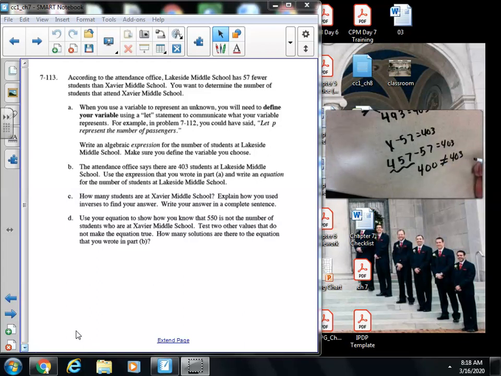Therefore, again, this is an incorrect answer for the value for x. Go ahead and try one more value and see if you guys can get it equal to 403. What you should find out, how many solutions are there to the equation that you wrote in part B? There's only one. There's only one, and we already found out.